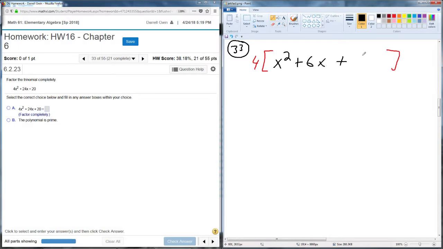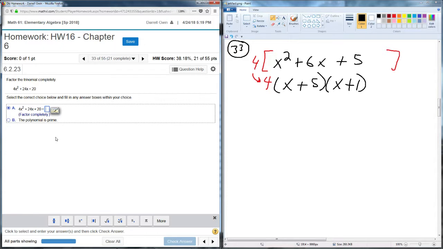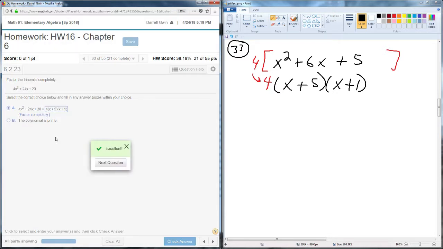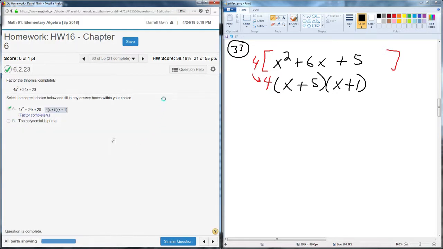And 20 divided by 4 is 5. Oh, it's 5 plus 1. There you go. And don't forget the 4. Right. Let's see if we can type that in now. 4 times x plus 5 times x plus 1. Done. Excellent.